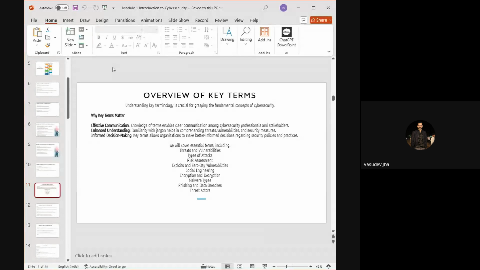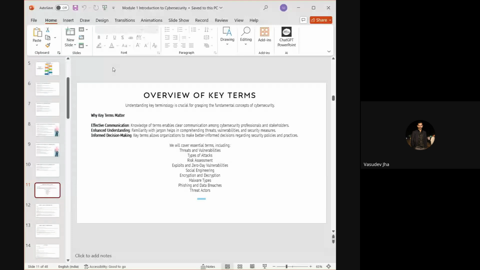The first thing is effective communication. Whenever you are in cybersecurity, you need to understand that most of the time we need to explain the stuff to people who are not from a technical background. That's why we have introduced different scoring systems and different terms in cybersecurity, so that even without understanding the whole stuff, they will understand the term or feel the term.